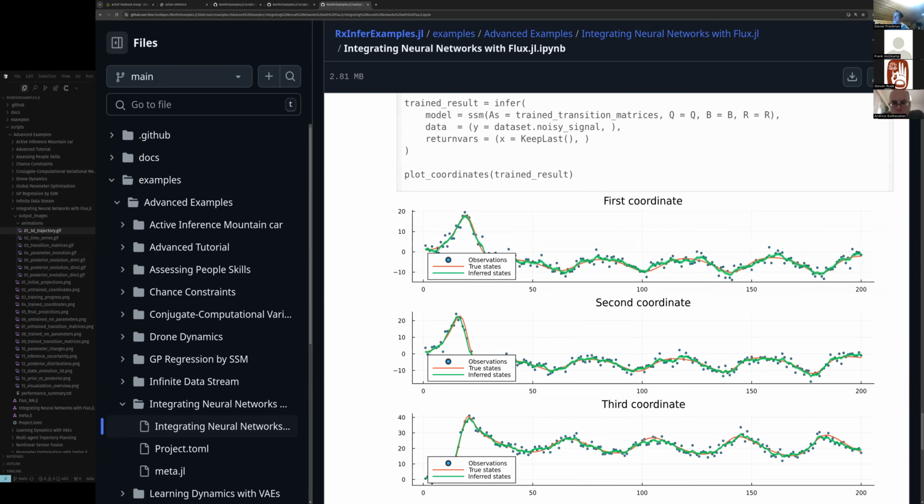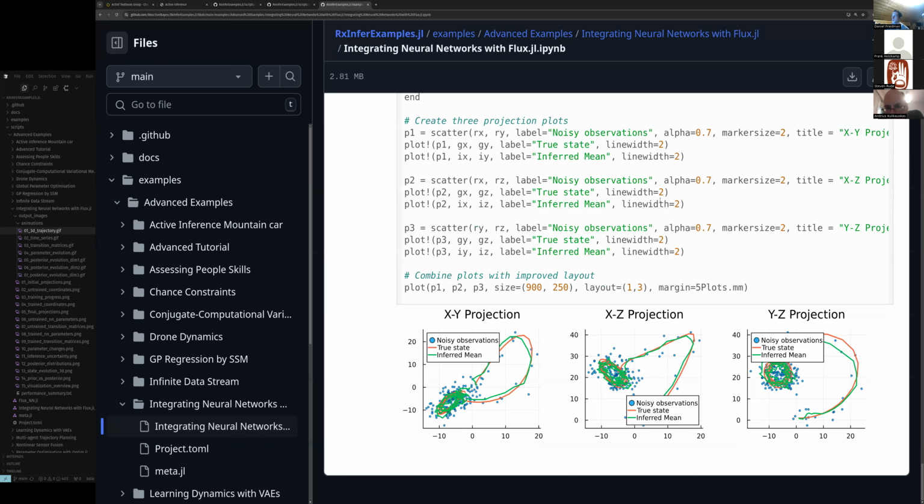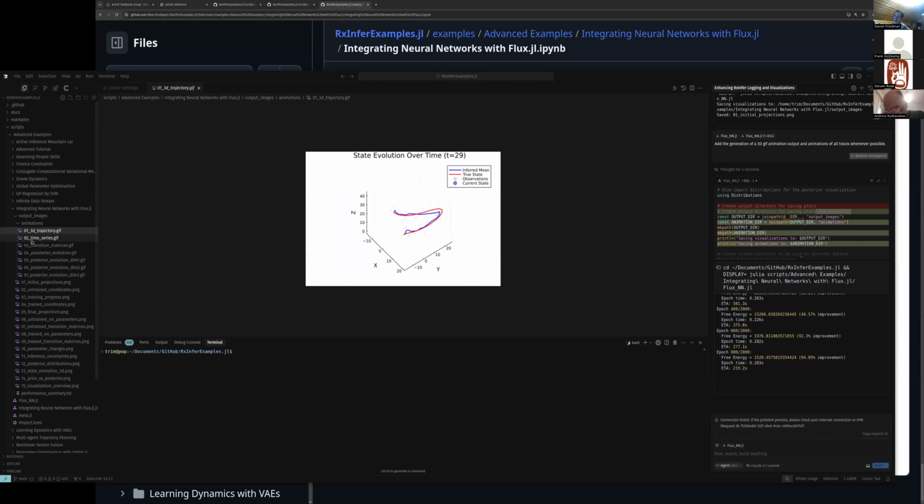Then we get here, which is showing that we can use the probabilistic model, the state space model, like the explicitly defined RxInfer model, to recapitulate the parameters of the neural network. And so I took that several steps further.